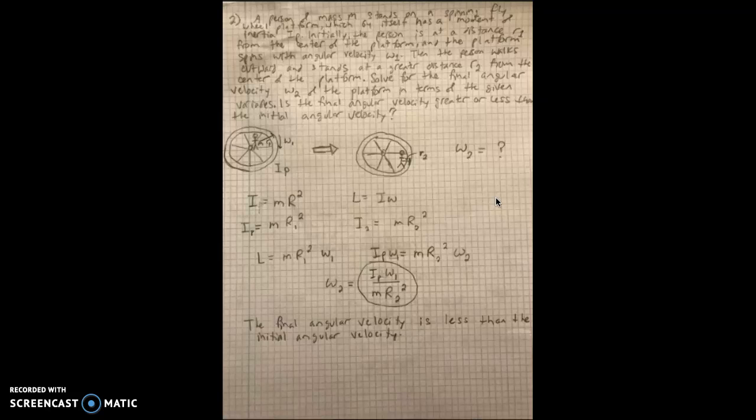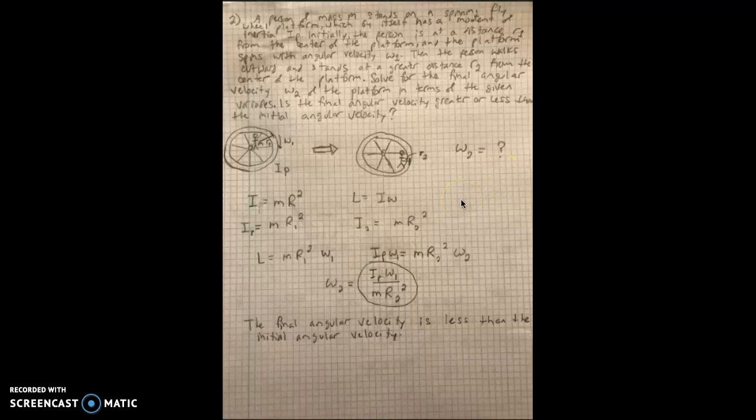So since we have conservation of L, I can set I subscript p times omega 1, which is the angular momentum here, equal to m r2 squared omega 2, and omega 2 is going to be our final angular velocity.